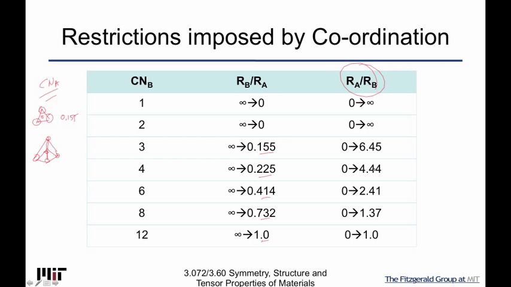And we showed that if we now write the limitations from the coordination number around B in terms of RA over RB, we can relate them to each other. We now have these expressions over here.